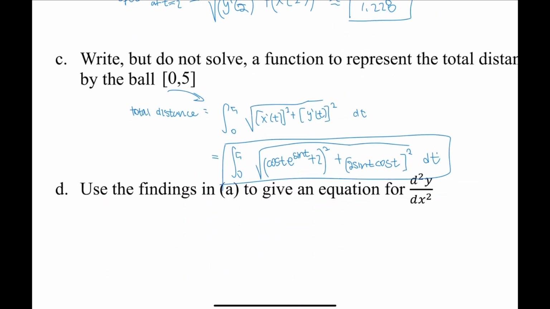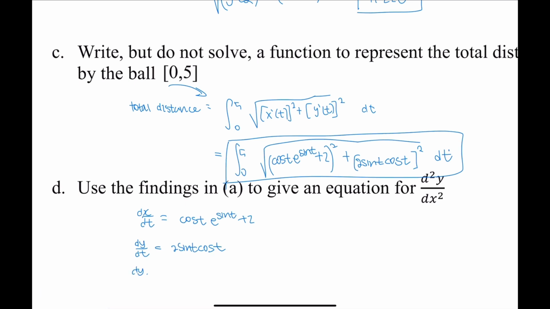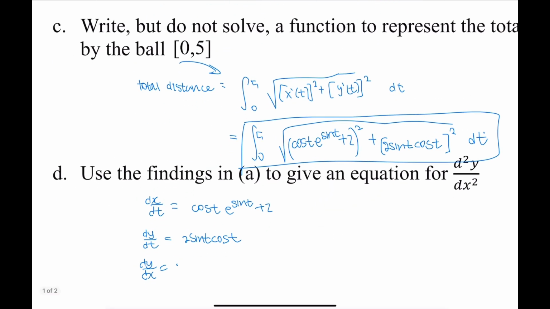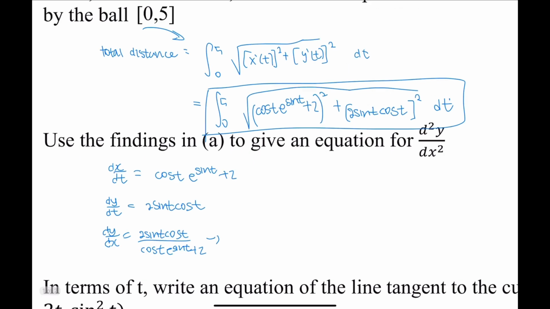Okay, so we have dx over dt equals cosine t e to the sine t plus 2, and then dy over dt equals 2 sine t cosine t, and then dy over dx is going to be 2 sine t cosine t all over cosine t e to the sine t plus 2. So we have to first take the derivative of this, right? This is going to be pretty complex, I would say.